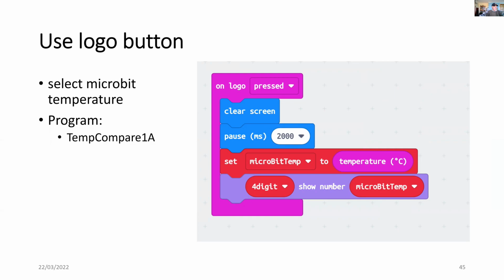Then we set up a link between the microbit temperature, which you can get from the same group of statements in the Makecode toolbox. Just drag that across and connect it to a new variable that you need to set up in the on start. Our new variable is called microbit temperature, and once we connect the two of them, we then show the microbit temperature on the 4-digit LED display.